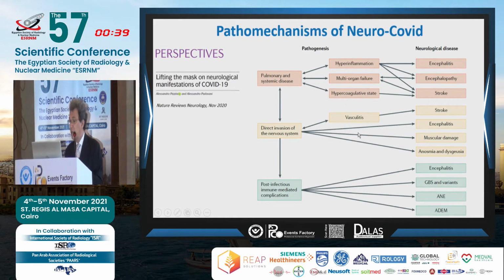Here you have vasculitis. But you can get a stroke through this mechanism or through this mechanism. Encephalitis appears in all of them. So you can have the end effect coming from different pathomechanisms, but also some will only be associated to that, such as muscular damage.